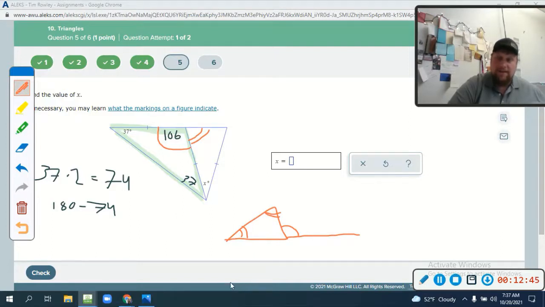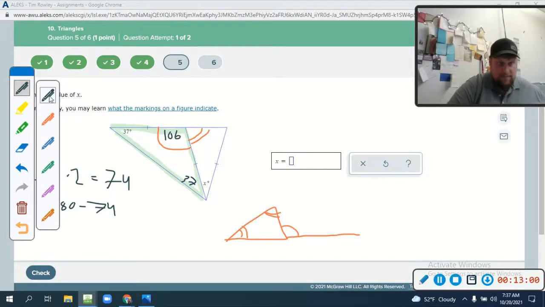How about that? It just is. It's a property. So I also know, just looking at this, this is going to be 74 degrees. But I know that's true also because 74 plus 106 is 180. So let's write that in. It's going to be 74.